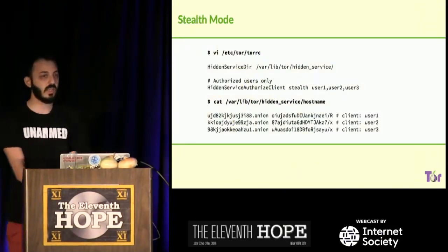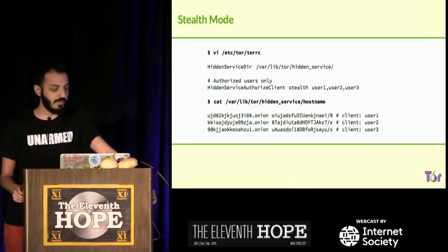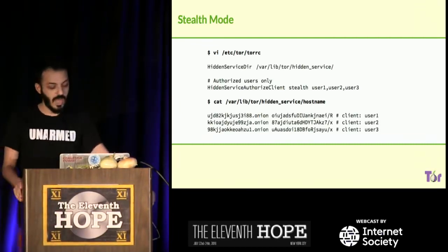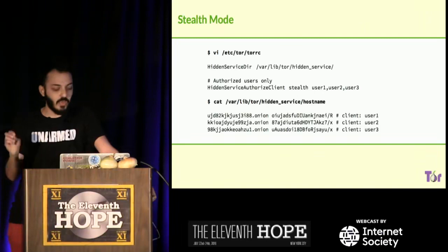So here's stealth mode. You basically need to add to your torrc file this option, HiddenServiceAuthorizeClient. In this mode, each client that wants to connect to your hidden service, or Onion service, has a unique Onion address with a unique key.